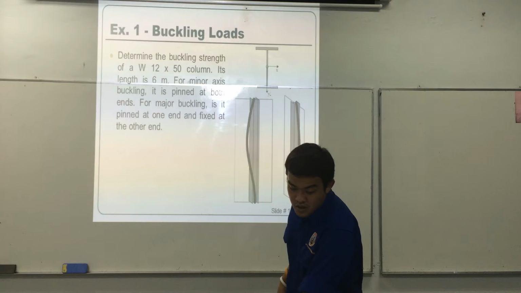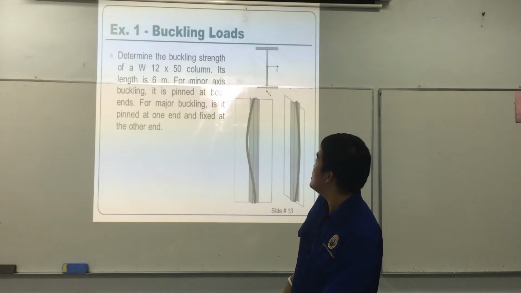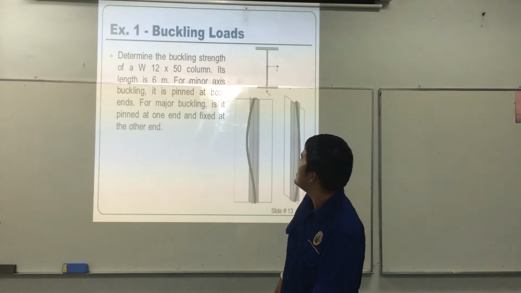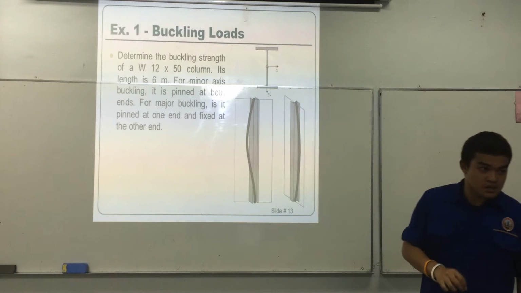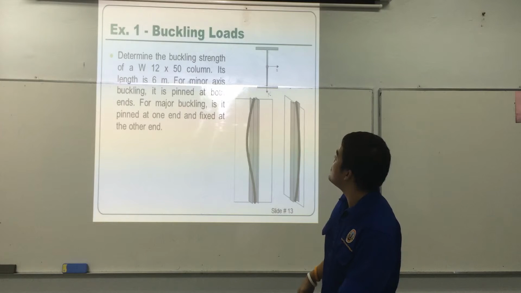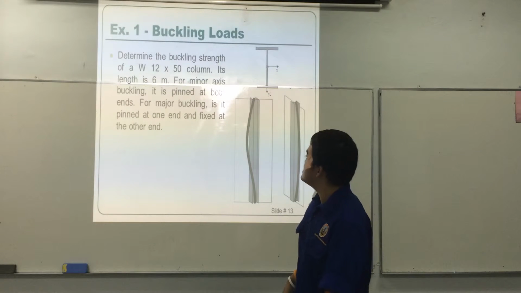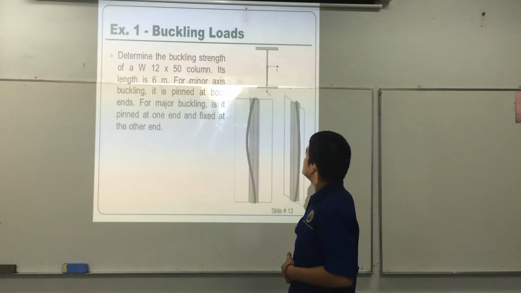This example is to determine the buckling strength of the W12x50 column. Its length L is 6 meters. For minor axis, buckling is pinned at both ends.